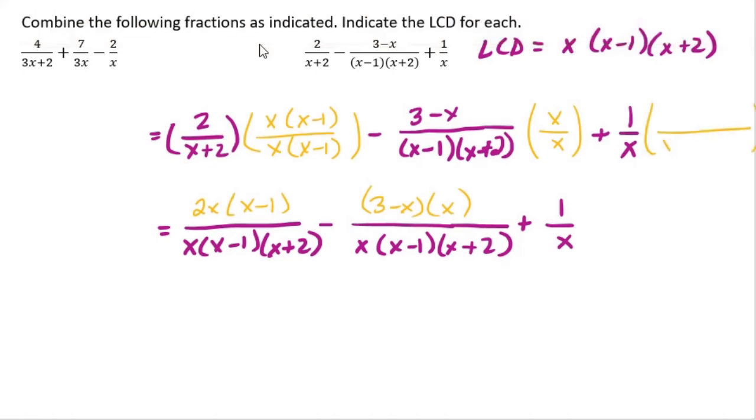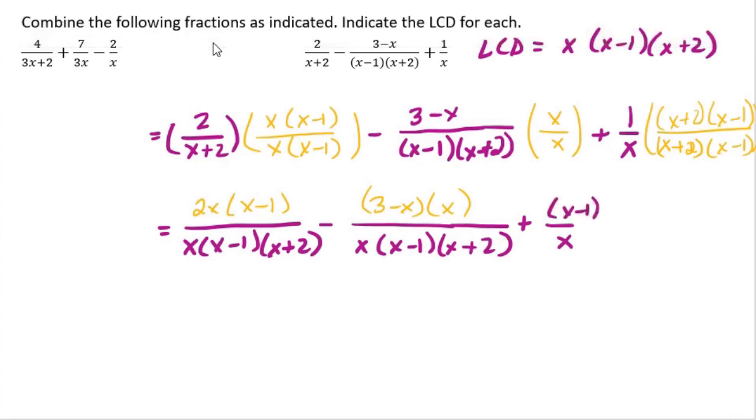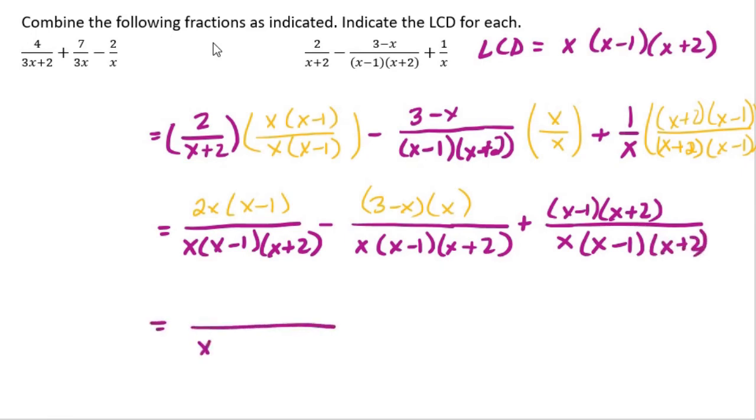So we'll multiply top and bottom by both. So we have 1 times x minus 1 and x plus 2 in the numerator, and of course the full denominator. Hard part's done.